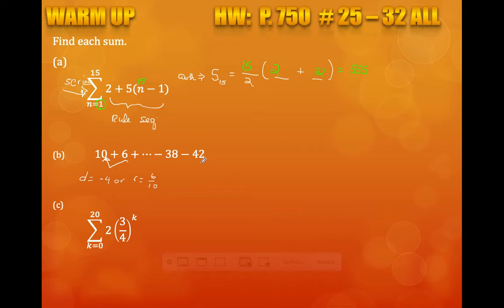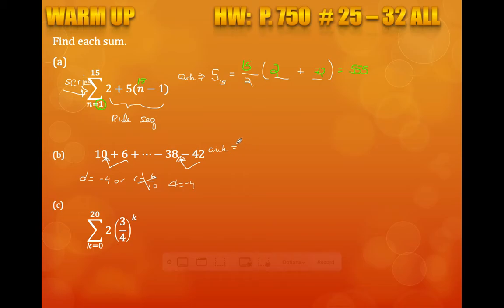So now I have to go to the only other two terms that I have and compare, and I hope you can see that negative 42 over negative 38 isn't going to be 3/5, so this is not geometric. But the common difference, negative 42 minus negative 38, is negative 4. So this is arithmetic.